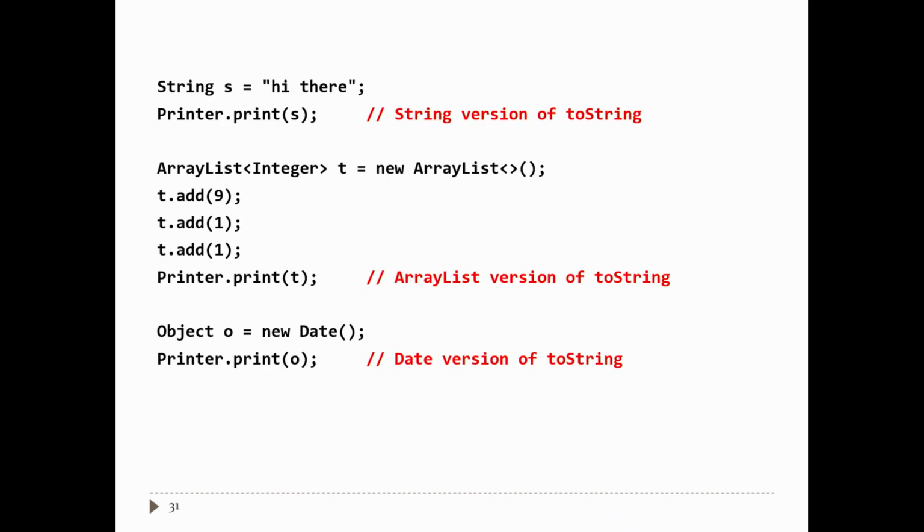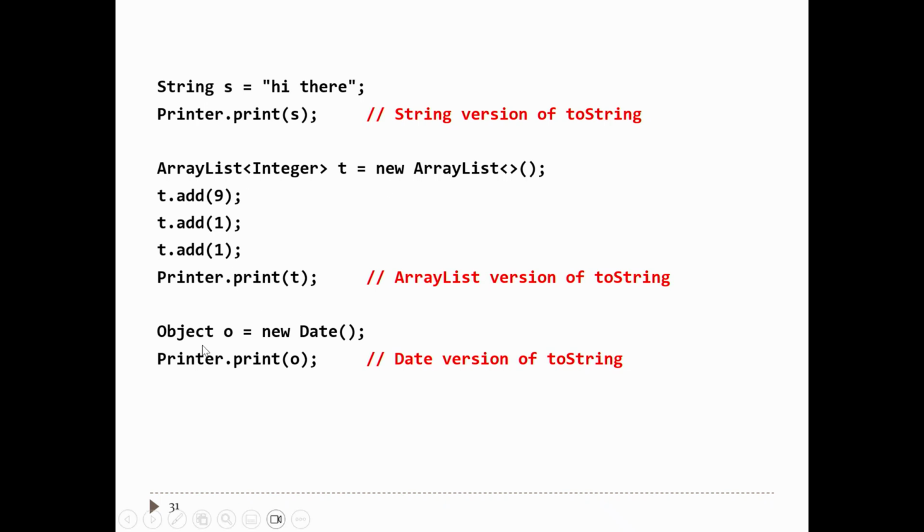So for example, if I pass in a string and call print, I get the String version of toString, so you get "hi there". If I pass in a list T, I get the ArrayList version of toString when I call print. And when I use a Date object, I get the Date version of toString.